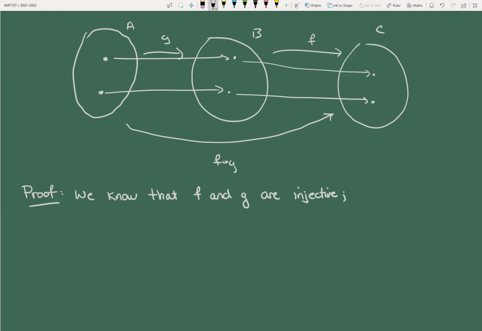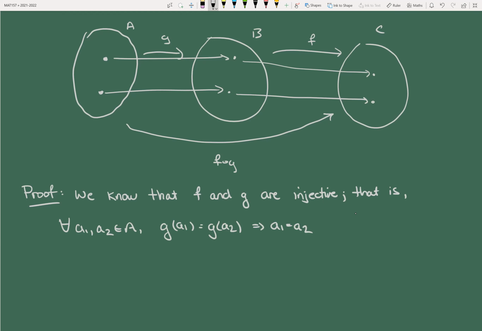And don't just write that down; you actually want to put that into words. So we know that for all, let's say, A1 and A2 in A, G of A1 equals G of A2 implies that A1 equals A2, right? So that's the definition of G being injective.